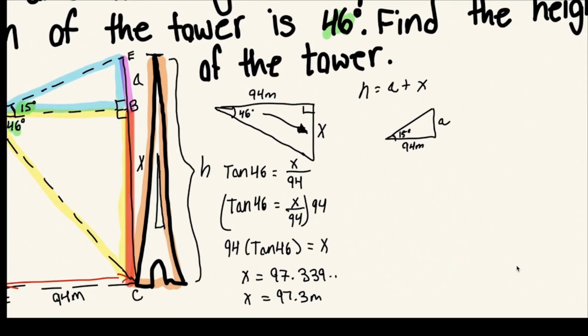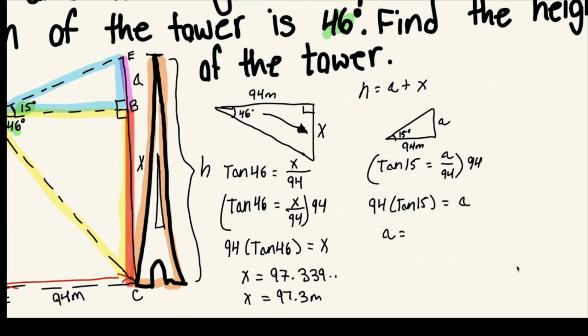And what can we use again? We can use tan, because we're solving for the opposite and we're given the adjacent. So it's going to be tan 15 equals a over 94, multiply both sides by 94, so we're left with 94 times tan 15 equals a.